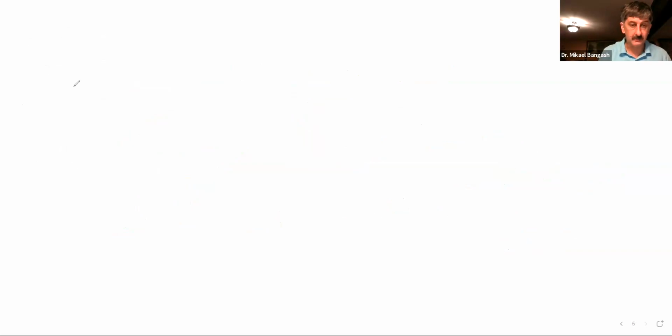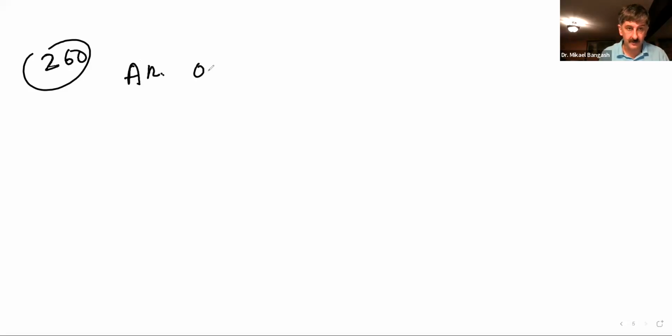Question 260. The axial resolution of an imaging system is reported to be 0.85 millimeters at the beam's focus.